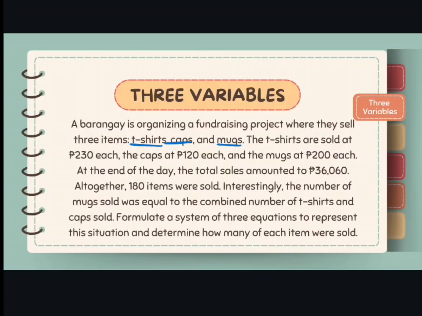At the end of the day, the total sales amounted to 36,060. Altogether, 180 items were sold. Interestingly, the number of mugs sold was equal to the combined number of t-shirts and caps sold. Formulate a system of 3 equations to represent the situations and determine how many of each item were sold.